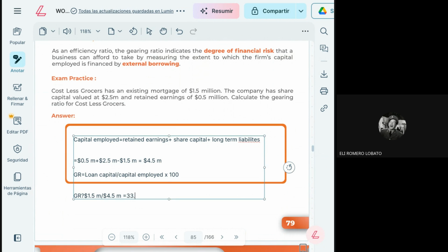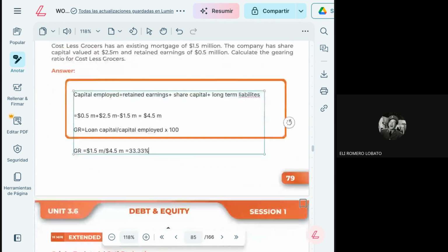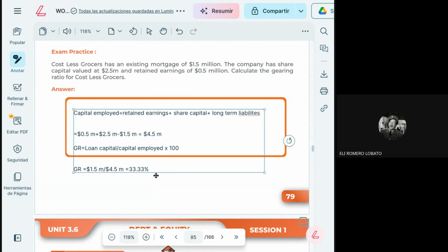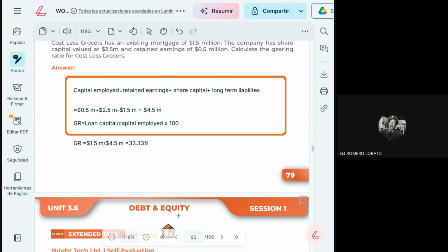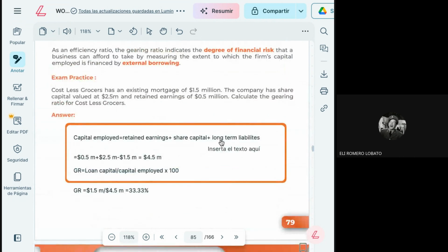Remember, we use the 100 in the formula because we are getting percentages. So we get a ratio of about 33.33%. This is not bad at all, no more than half of the capital employed. So this is good. This should be our answer. This is how this works.